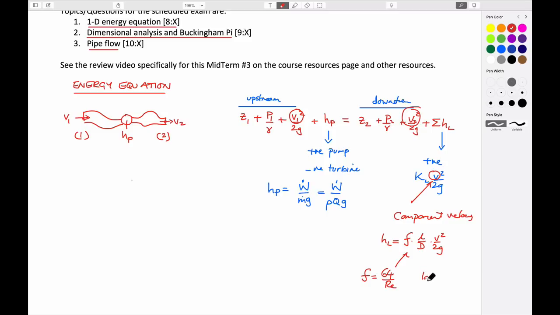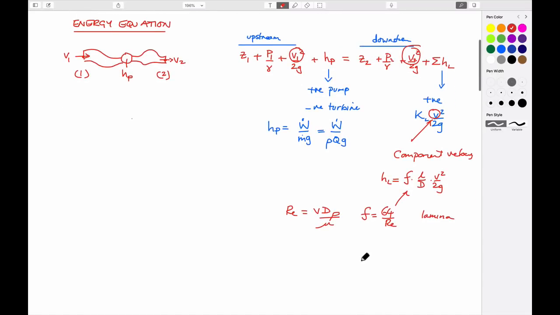So this is laminar. And Reynolds number is velocity, diameter, density divided by viscosity. And if it's not laminar and it's not a circular pipe, then you use the Moody diagram.